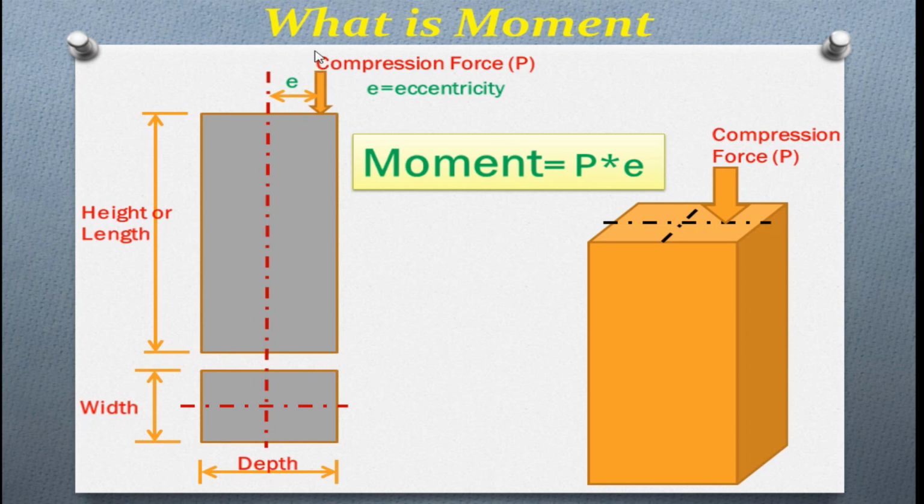So when the compression force is applied some distance from the axis, it is called eccentricity. We know what is moment: compression force into the distance is called moment.